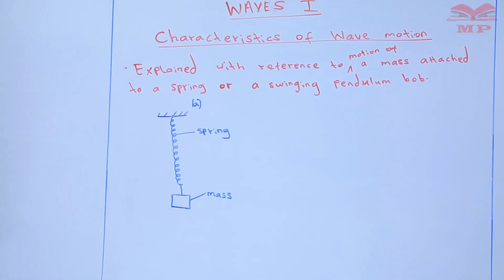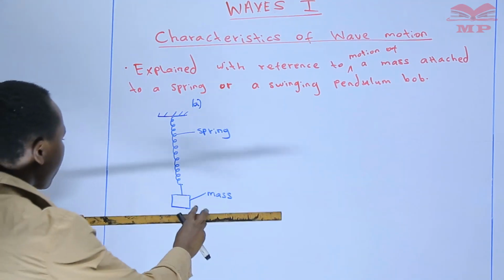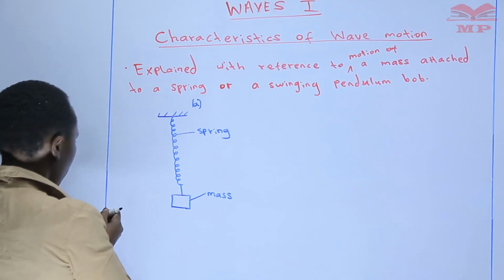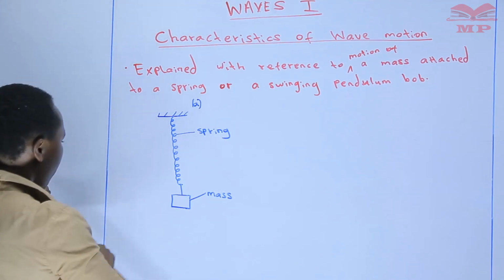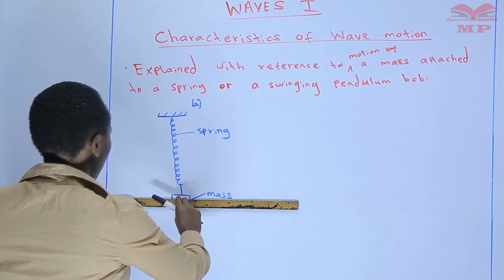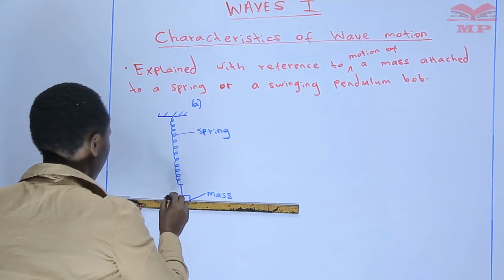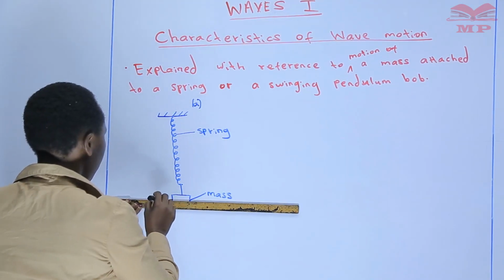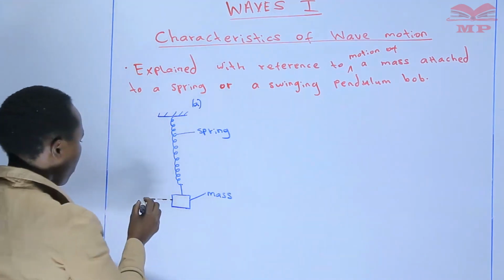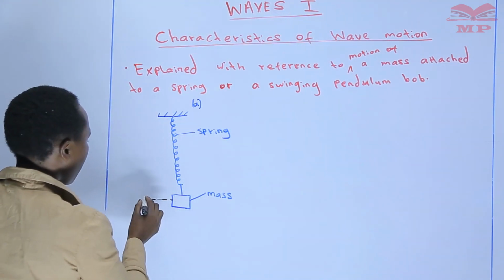So in this, if we consider this to be our mean position for the mass, this is our mean position at the center of this mass. So we can use letters, for example, we can talk of A.